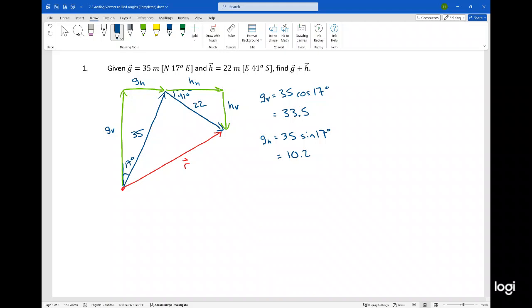Okay, similarly for the H horizontal and vertical, H horizontal is the adjacent, that'll be the cos. So that'll be 22 cos 41. And that gives me 16.6. And H vertical is an opposite, so that's going to be 22 sine 41.